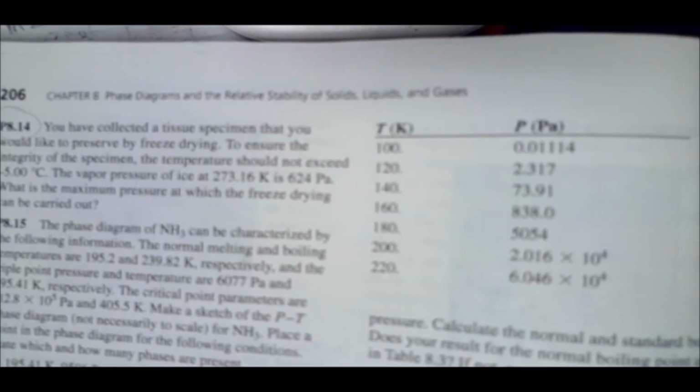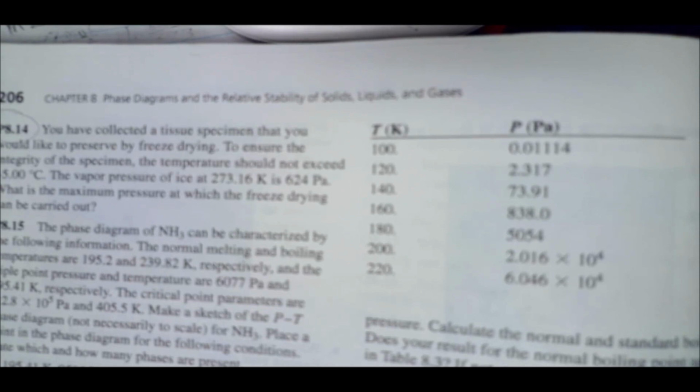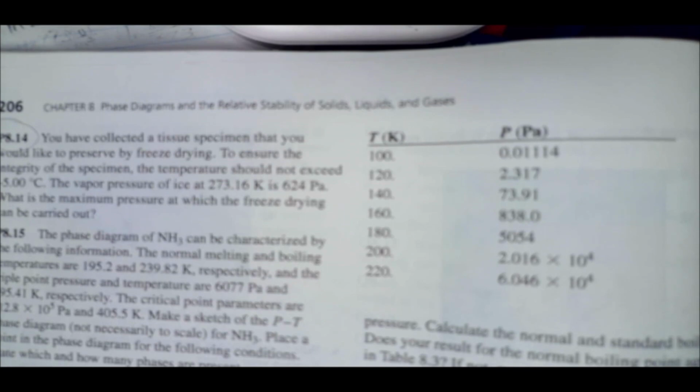You have collected a tissue specimen that you would like to preserve by freeze drying. To ensure the integrity of your specimen, the temperature should not exceed -5 degrees C. The vapor pressure of ice at 273.16 is 624 Pascal. What is the maximum pressure at which the freeze drying can be carried out?